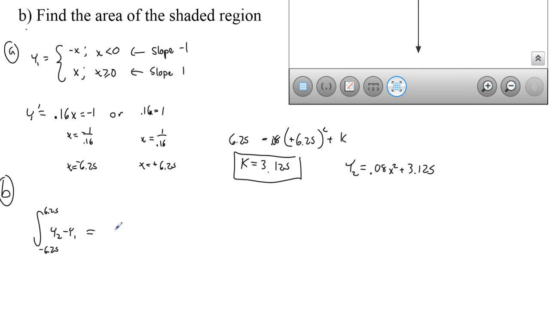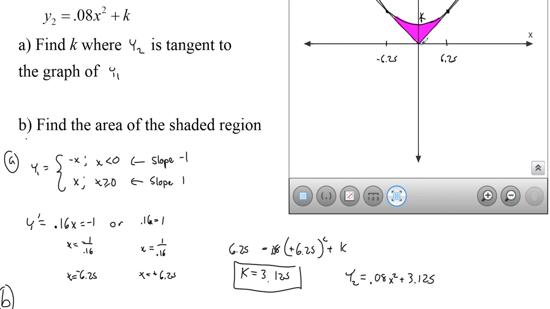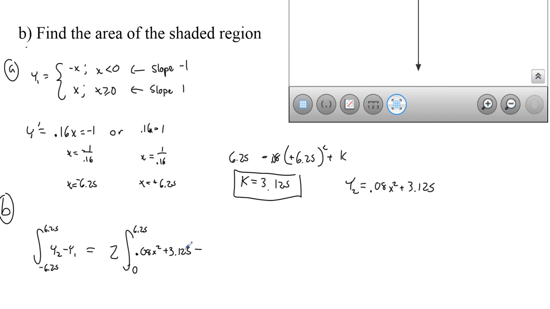So I'm going to say that this is equal to 2 times the integral from 0 to 6.25 of this top equation, 0.08x squared plus 3.125, minus my x equation. My x equation is that line on the interval that I am actually calculating.